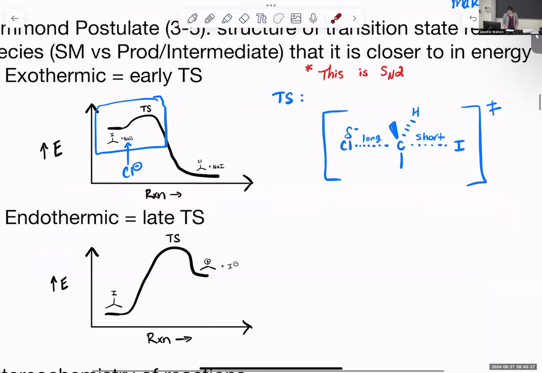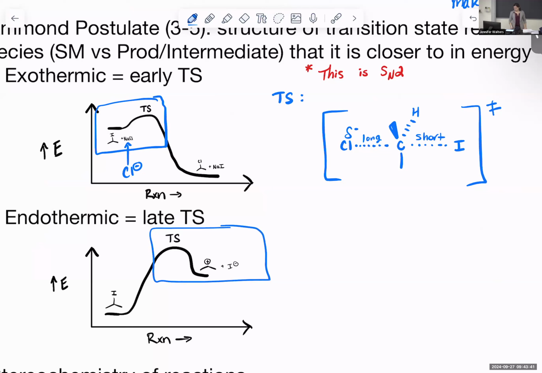All right, so now we're going to do our endothermic. Endothermic is that late transition state, because your transition state looks more like the stuff at the end of the reaction, towards the late stage of the reaction. I'm going to look more like my products. So what I see here is the only difference: I'm not gaining a new bond. All I'm doing is losing that carbon-iodine bond.